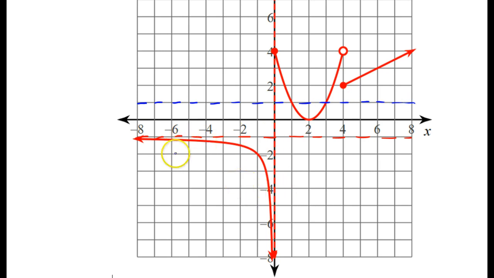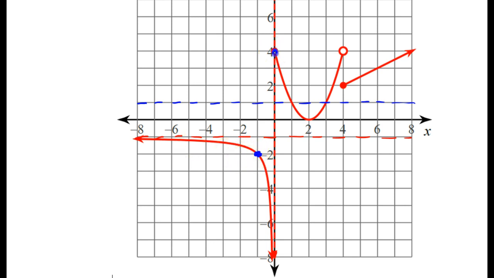So anyway, let's get back to some critical values. This graph has a critical value at this point right here.